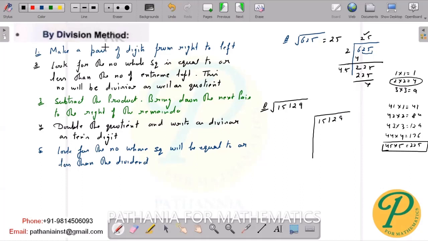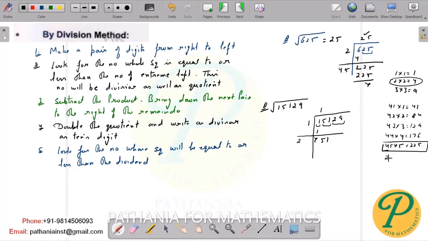The first point, make pairs of digits from right to left. Look for the number whose square is equal. 1 into 1, 1. Subtract the product and bring down the next pair. Double the quotient. The quotient is 1. Double it and place it as a tens digit.